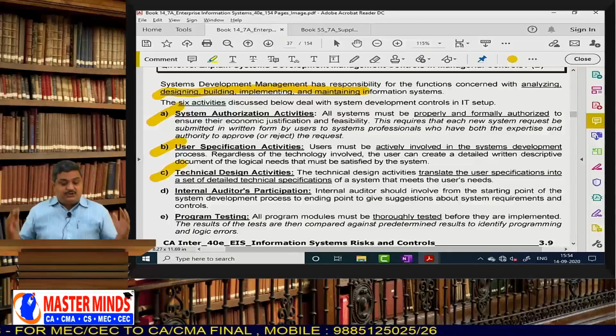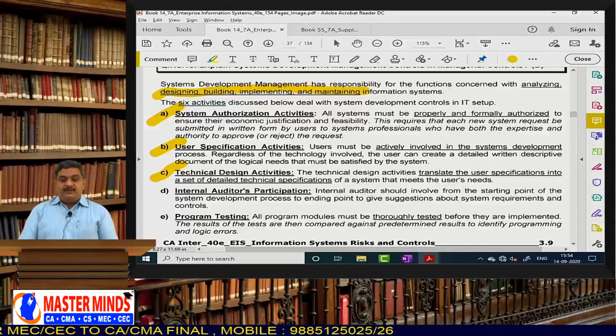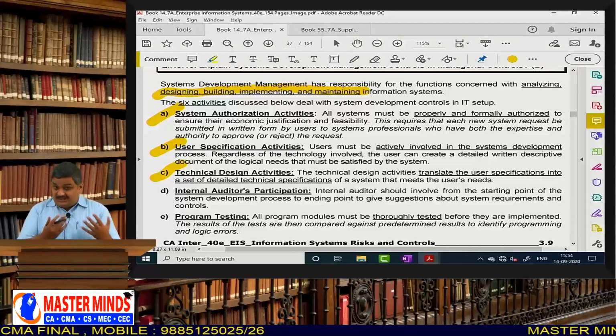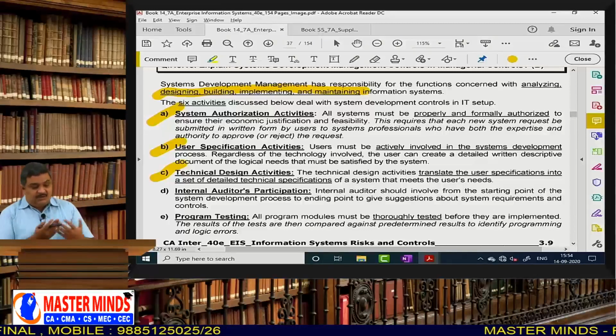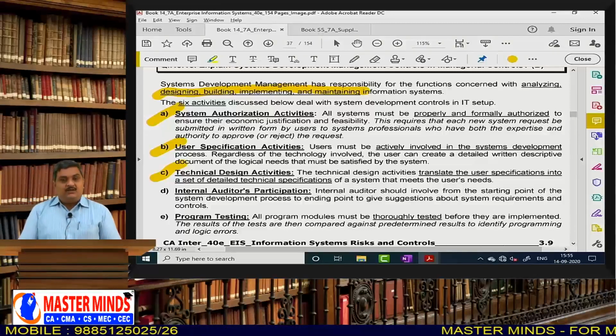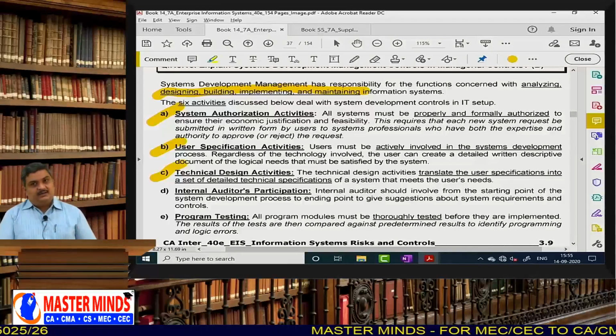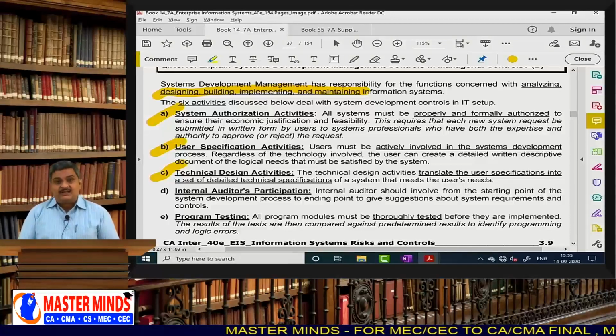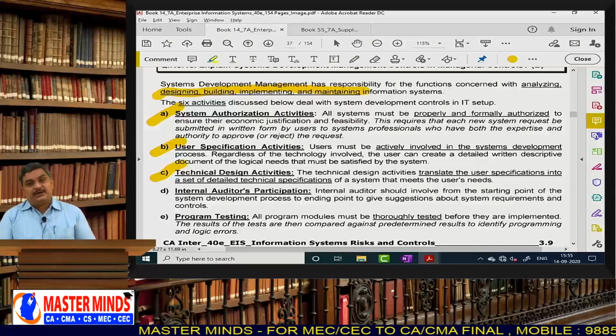Those people should sit and think: if the finance department requires this kind of information system, what technology do we have to use? What will be the cost of the technology, the cost of software, the cost of hardware, the cost of network? Is it possible to satisfy all the requirements of the finance department? This is all very, very important.